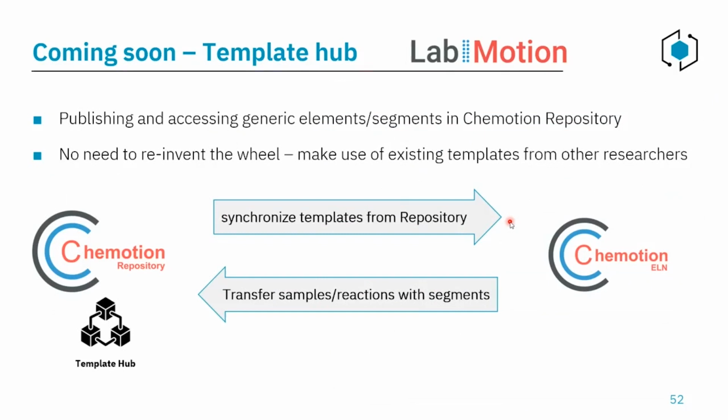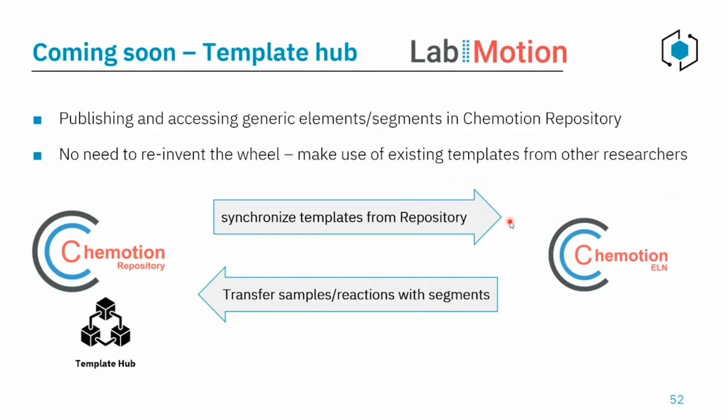So what we are enabling in the Chemotion repository is that people can actually upload their generic elements and segments and analyses to the Chemotion repository, so other people can have a look at what workflows other people have created, right? So you don't need to reinvent the wheel, and you can base your work on what other people have done as well.